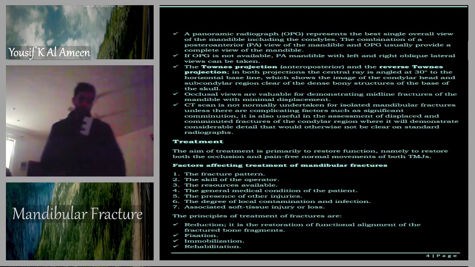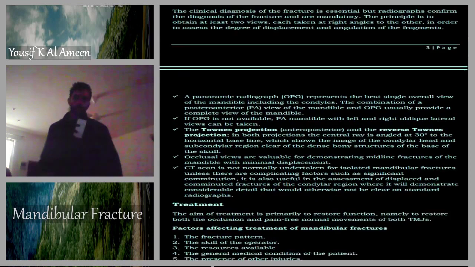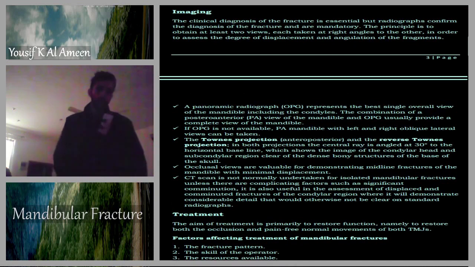The clinical diagnosis of the fracture is important, but radiographs are also needed.